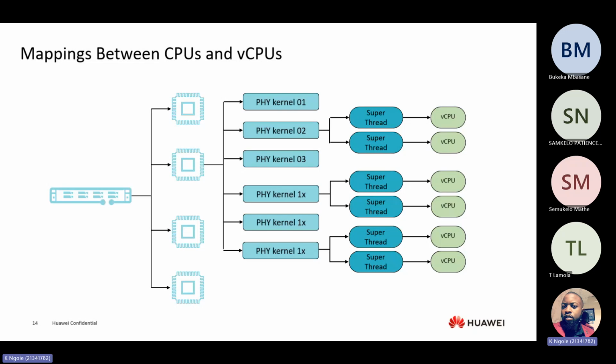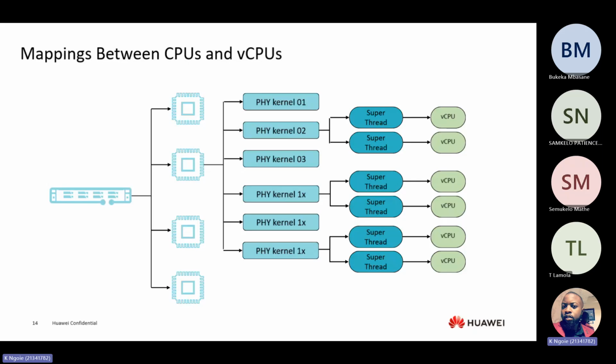So how do virtual CPUs map to physical CPUs? Each virtual CPU assigned to a certain virtual machine is scheduled on one of these 32 logical processors. We have an example of 32 logical processors, and a logical processor is something that is virtual.